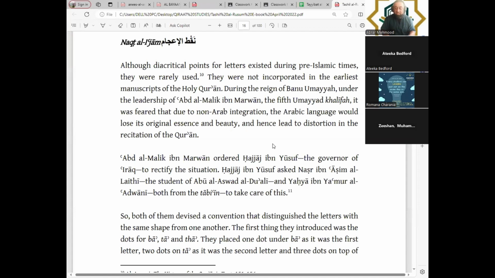But nevertheless, many scholars of Islam, the Muarrikhin, the historians, draw reference to the point that Hajjaj ibn Yusuf was one of those very few people who created or initiated the concept of dots. But here you'll actually see how that situation actually has differed.